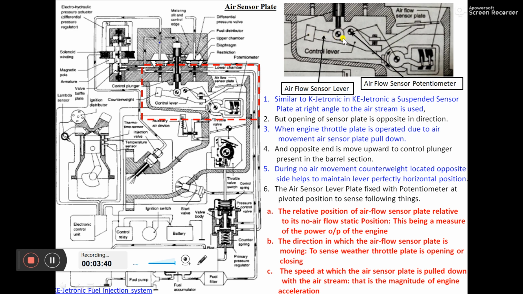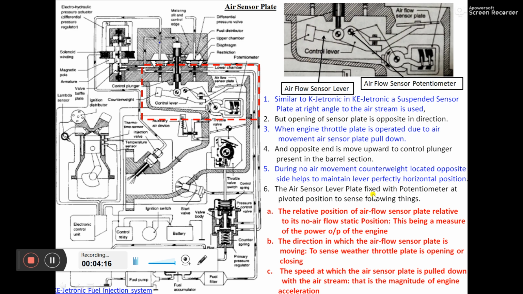After that, you may notice the air coming to the inlet manifold moves in the downward direction. It pushes this air sensor plate downward with respect to this pivot point, and this portion pushes the piston upward inside the barrel. The counterweight is located here in order to keep the sensor plate horizontal whenever no airflow is there, with the help of this counterweight.